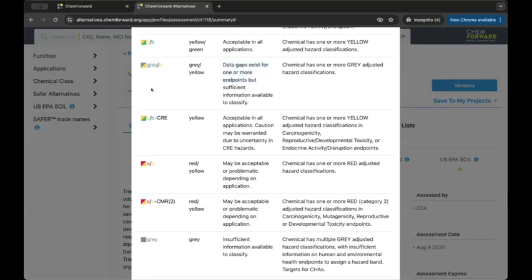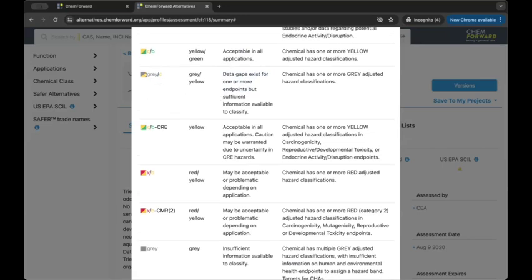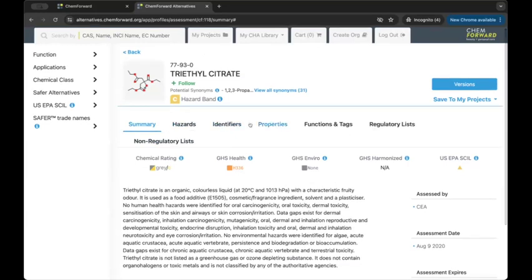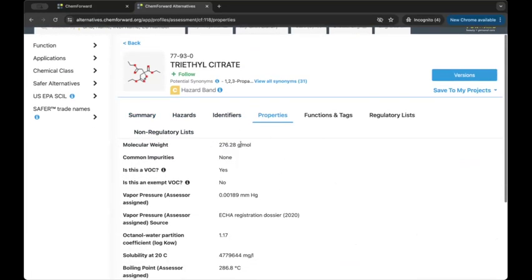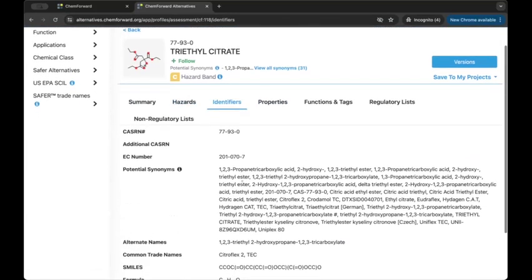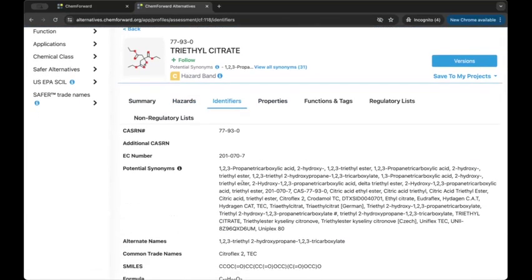And because we do not want to conflate lack of data with lack of harm, we consider this to be like a moderate hazard. We call this gray C, which is a C hazard band. This has all the same similar properties and identifiers, except because this is a full CHA, all of these are actually curated by our assessor, which completed this chemical hazard assessment.